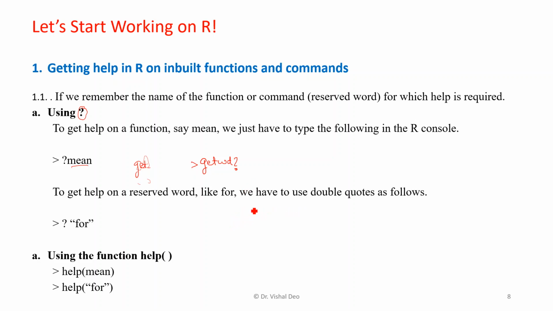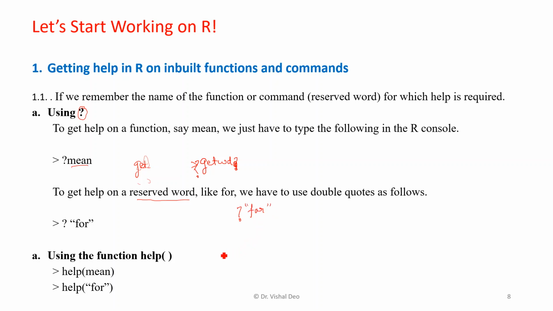There are also some reserved words which are used for programming. For example, for is used in looping. If you want to find help on this reserved word, you have to type the question mark first, and within double quotes write the reserved word.